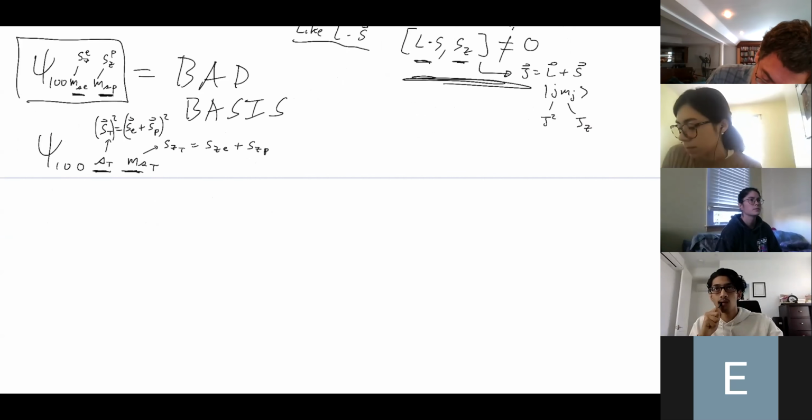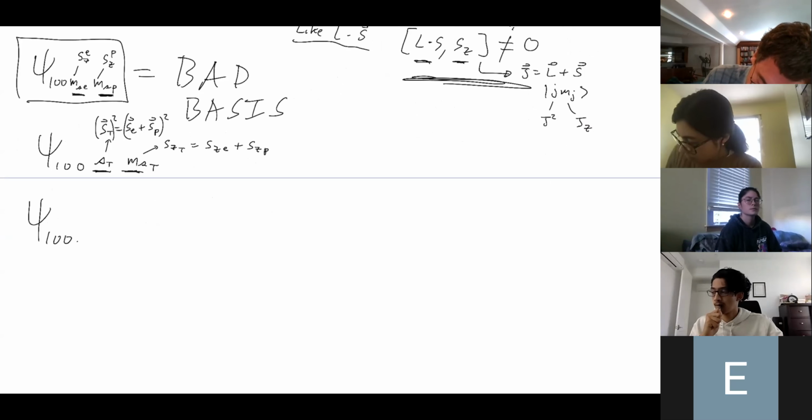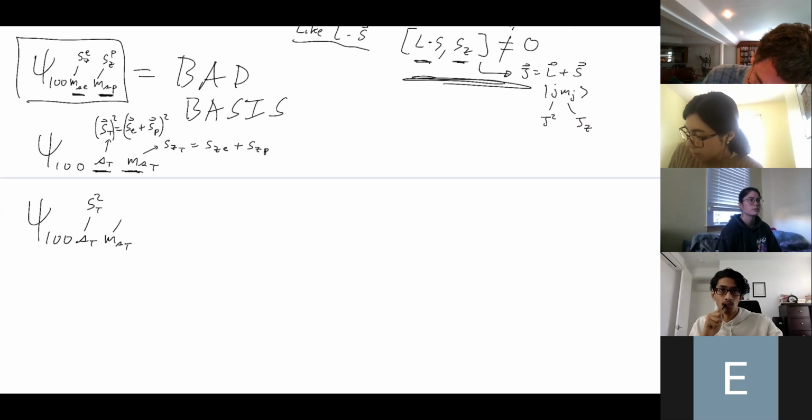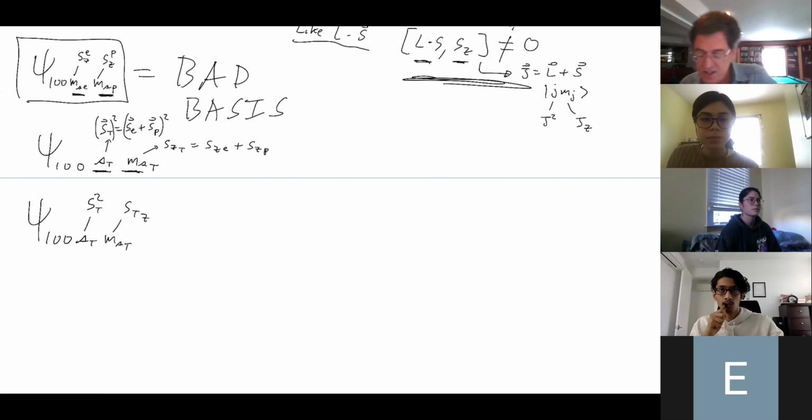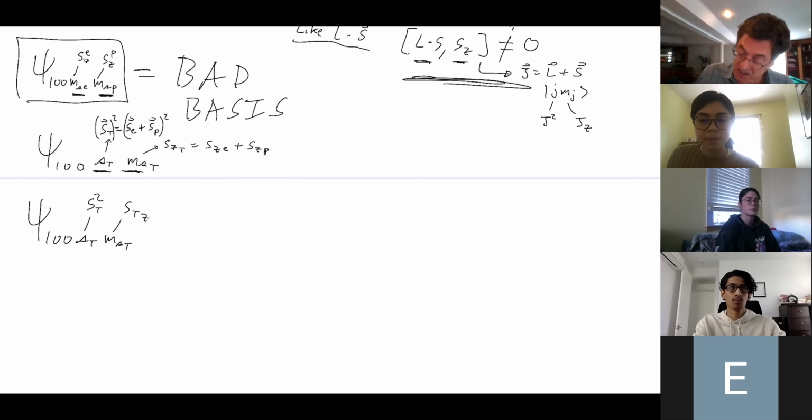So let's try this basis, psi 1, 0, 0, S total, M sub S total, where this is the eigenvalue of S total squared, and this is the eigenvalue of S total Z. Now we have to ask ourselves, is this a good basis? We have to check.